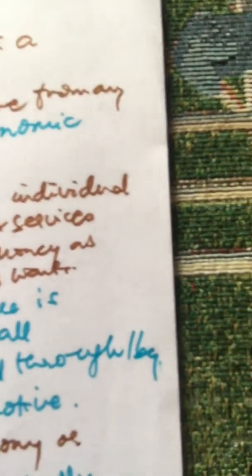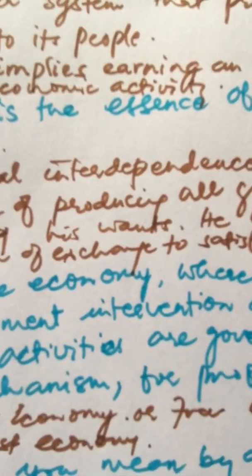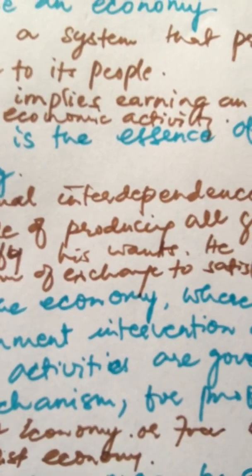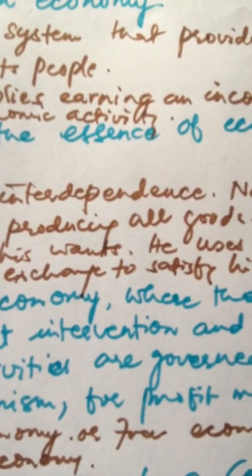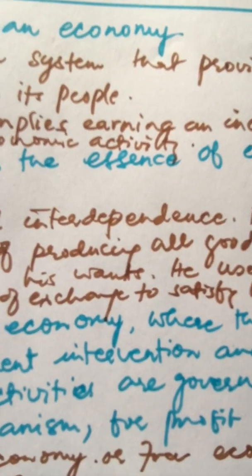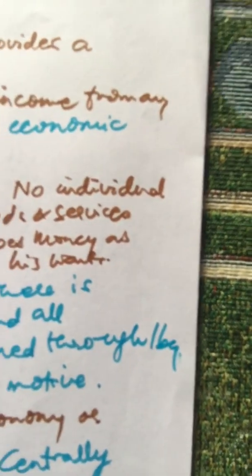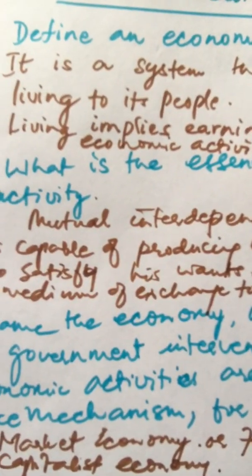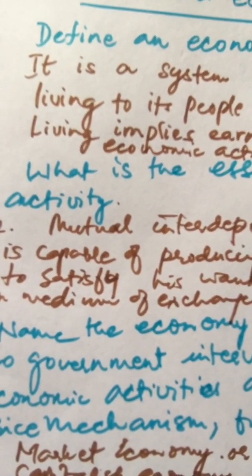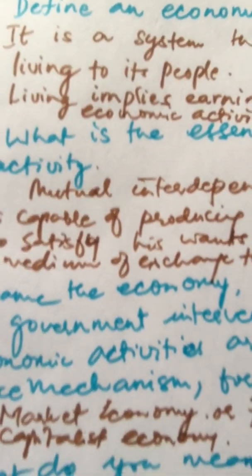And he uses money as a medium of exchange. That means he buys things with money and the producer sells with money. So for the producer and the consumer, exchange is a very important thing.